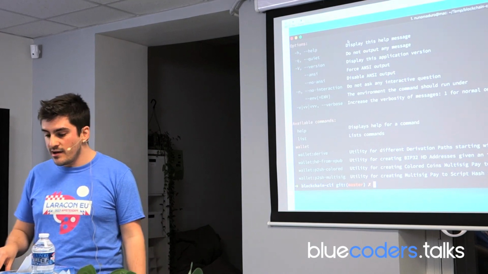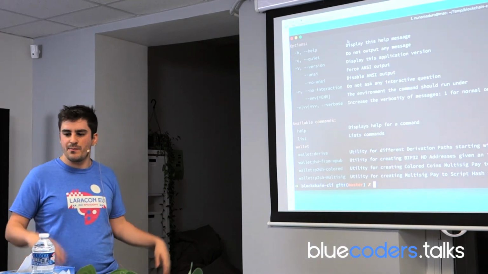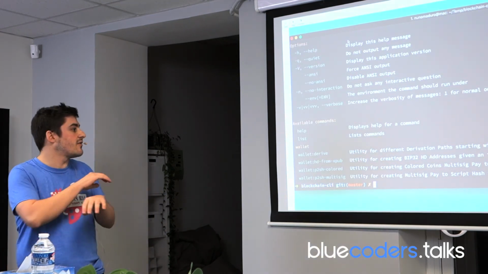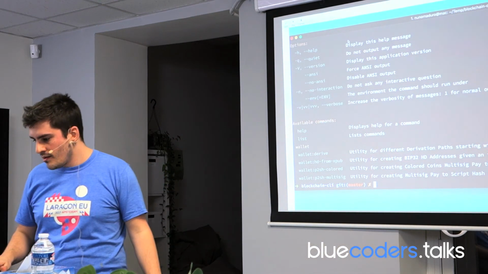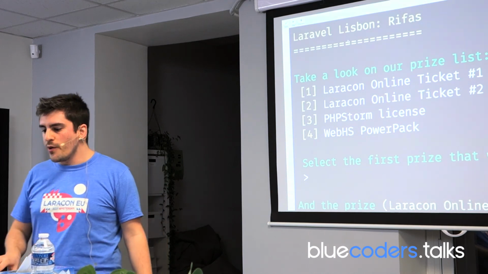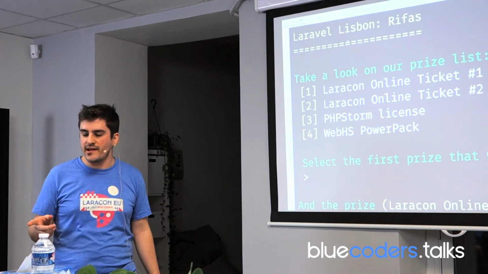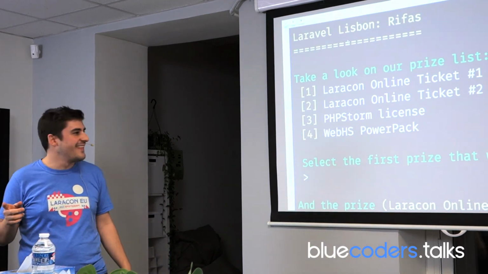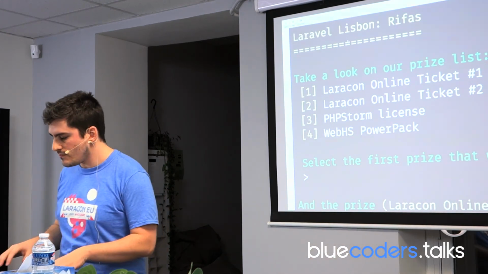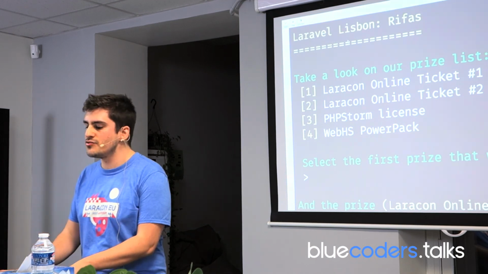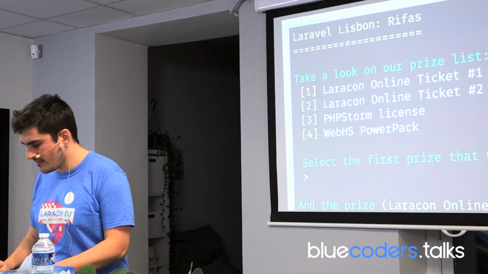We have this guy right here who built something to check the Bitcoin API, which I don't understand anything about, but it allows you to check Bitcoin stuff. And we also have this guy who built a package yesterday night, some kind of lottery for his meetup in Lisbon. So you should definitely check those examples on GitHub.